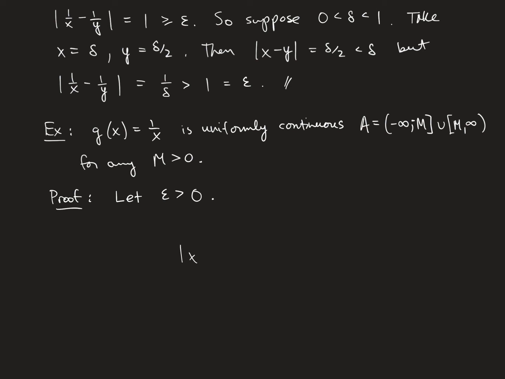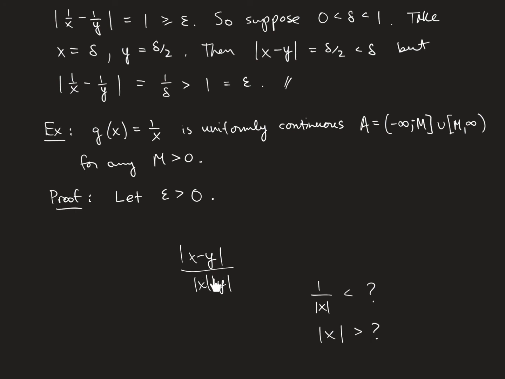And then again, just as before, we had the x minus y over absolute value x, absolute value y. And we can control this. We just need to somehow control that. So we need some control over 1 over x. We need to say that's less than something. In other words, that the absolute value of x is bigger than something. But of course, if your x and y are in this domain, then their absolute values are bigger than m. Right?